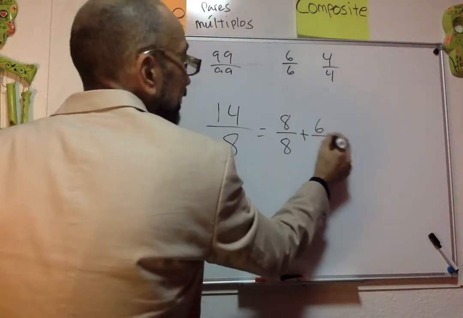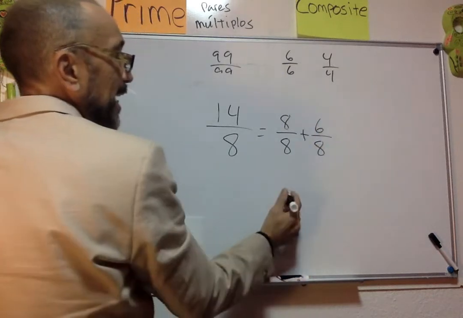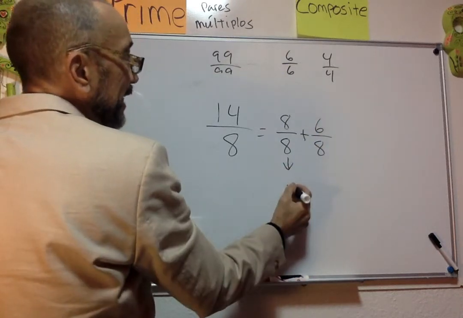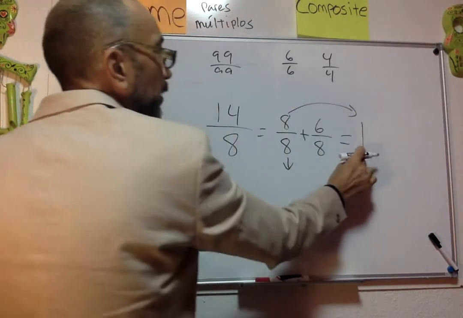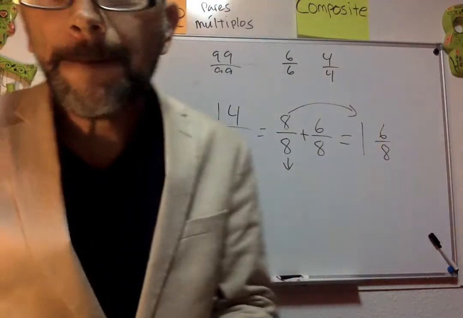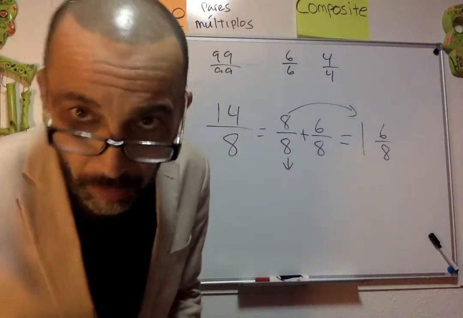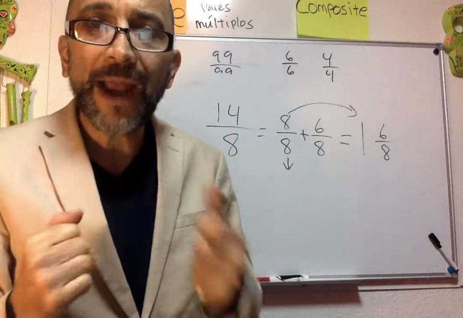And you get 6, because 8 plus 6 is 14, and that's 6/8. So now I can see easily that this will equal 1 whole and 6/8. My mixed numeral. All right? You're going to find this on Dreambox also, so they can practice.